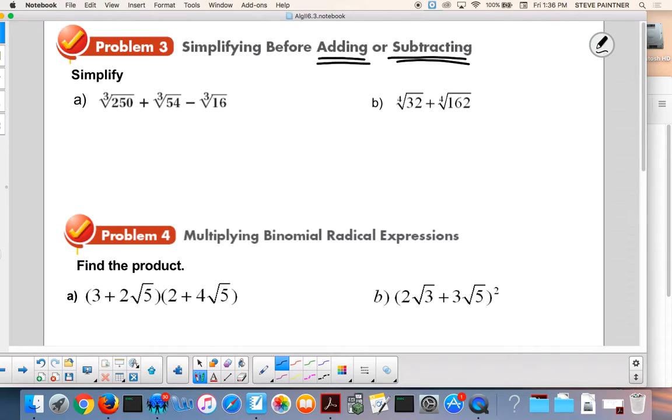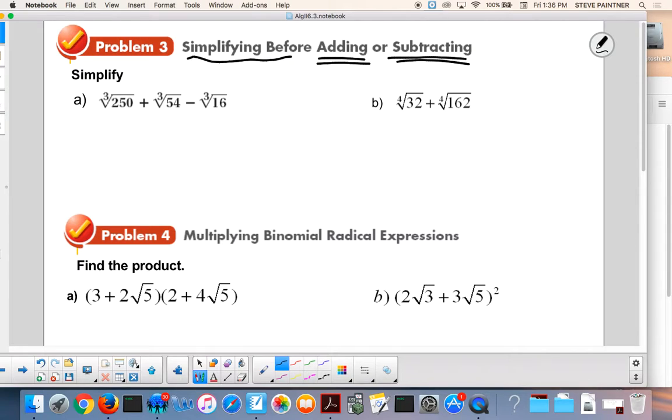Do they all have the same indices? Yeah. 3, 3, 3, cube root. Do they all have the same radicand? No. Okay, so we can't do this problem, right? Yes, you can. Why? How? You just simplify. It says right here, simplify before you add, subtract.